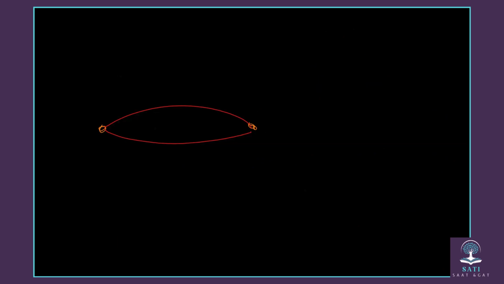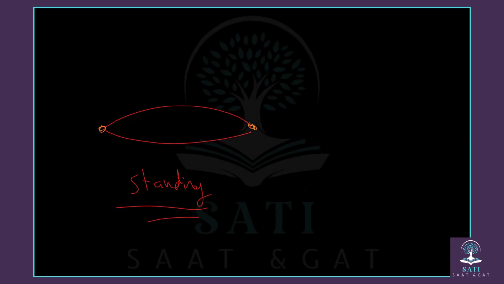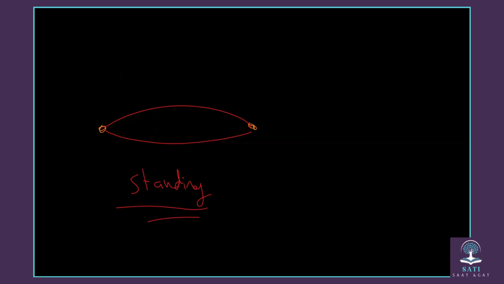This is an example of a wave called what? Standing waves. Standing waves are the waves that look stationary.